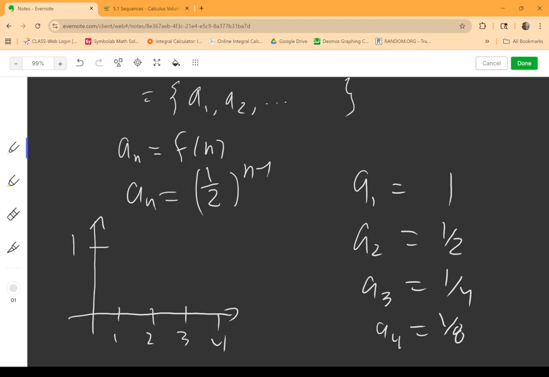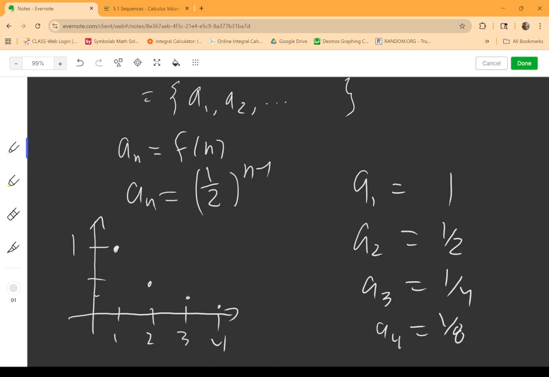We can think of the subscripts as our domain, but it's only defined on the positive integers, 1, 2, 3, 4. So we have a half, a fourth, and then an eighth. It's just defined on those four numbers.